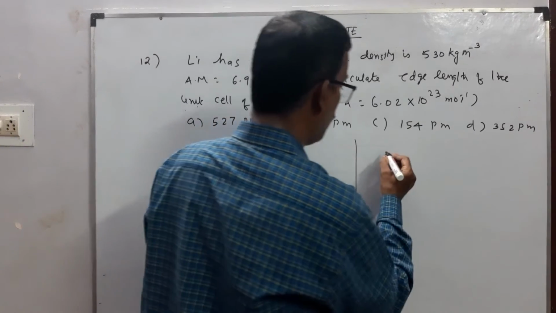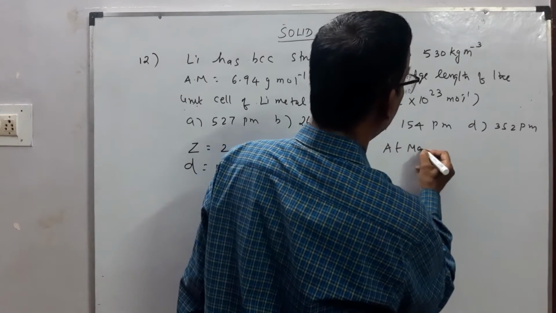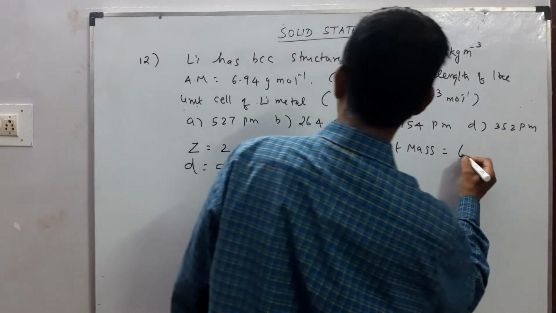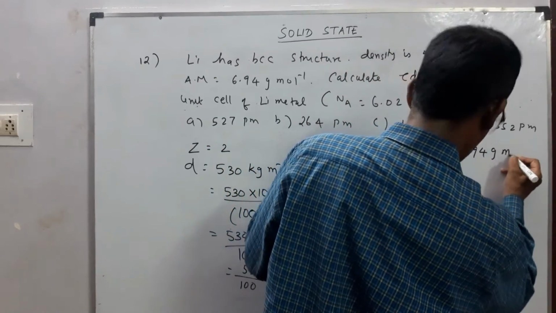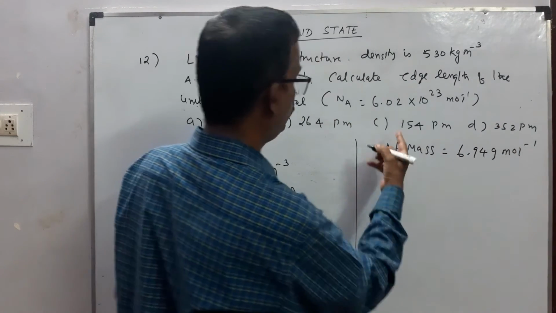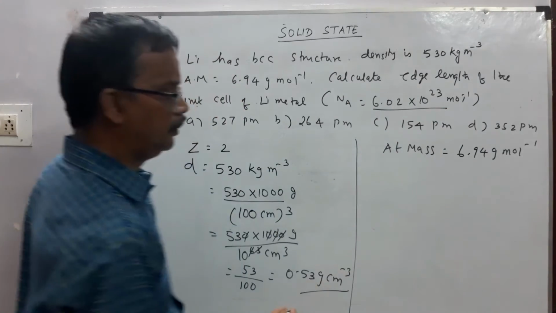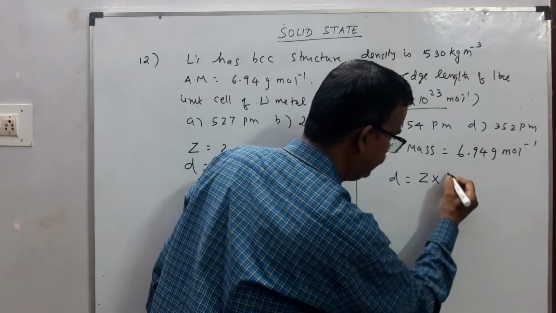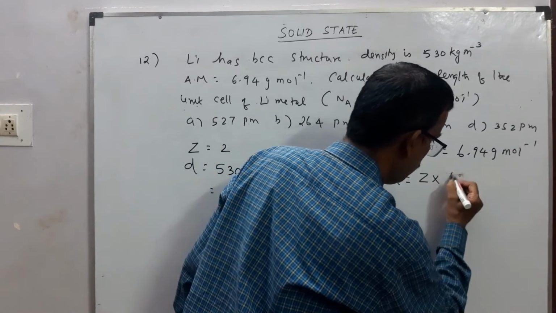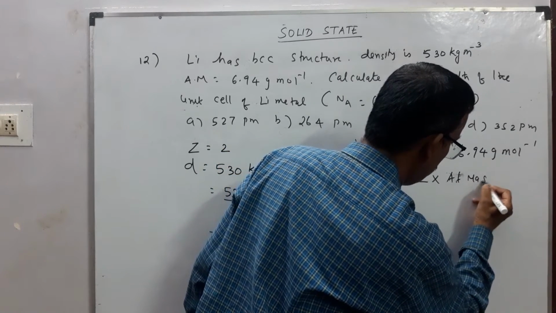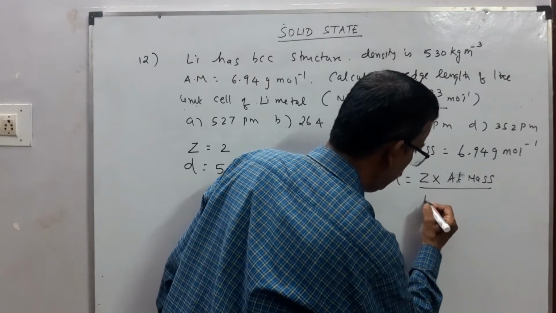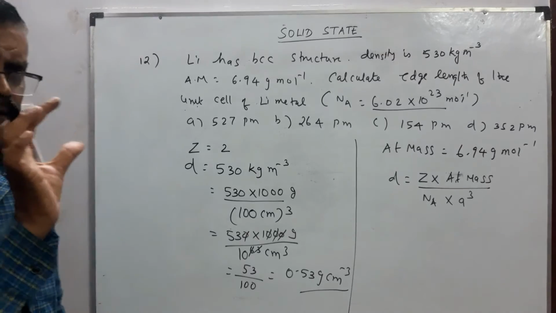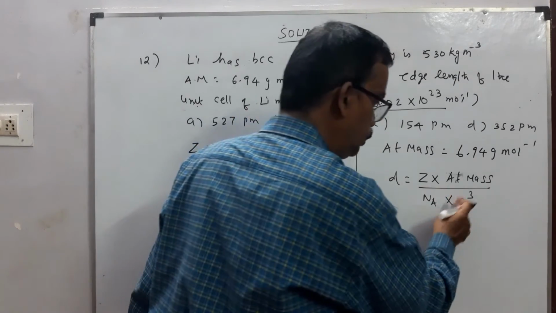Okay. Atomic mass of lithium, what's the value? 6.94 gram per mole. Avogadro number we know. Okay. So, density formula: D equals Z into atomic mass divided by Avogadro number into unit cell edge length a to the power of 3.